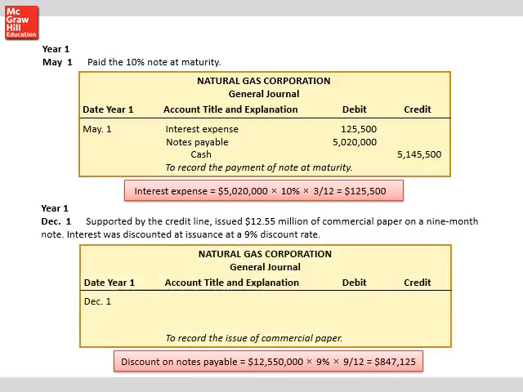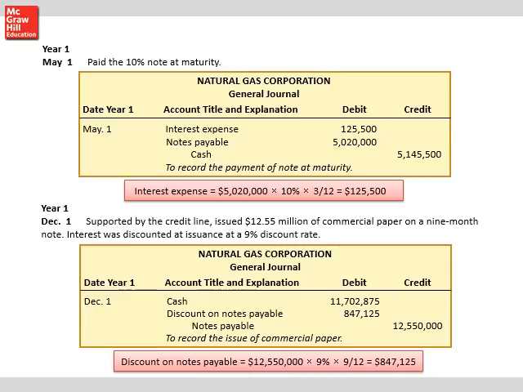So our journal entry is going to be for the 12 million. We're going to debit cash for 12,550,000 minus the 847,125, and that's going to be discounted. And then the notes payable will be the full amount, but we have to have the credit of $11,702,875.